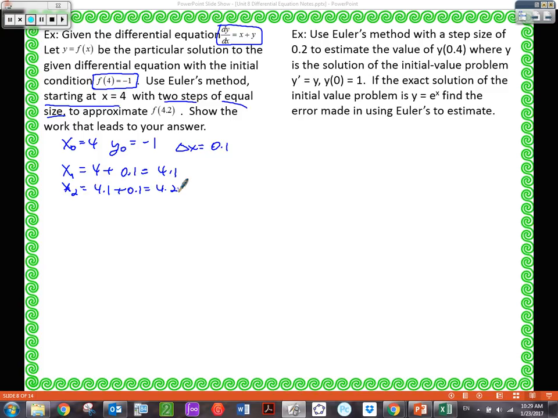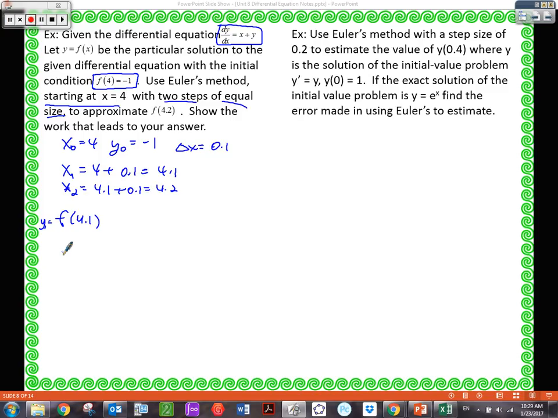The name of the function is f, so I'm going to do f of 4.1. In the formula on the previous page, this was y1. But I don't like that notation because it's not specific enough for me. I want to be able to look at the previous equation and see what numbers I'm supposed to use. So f of 4.1 equals.